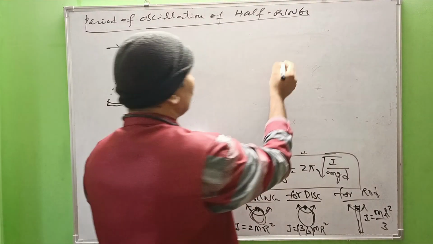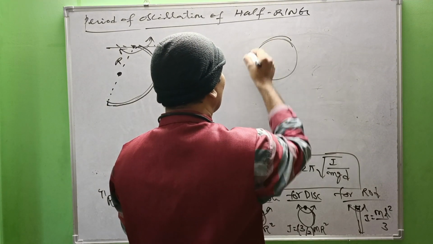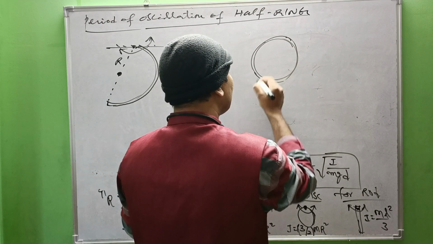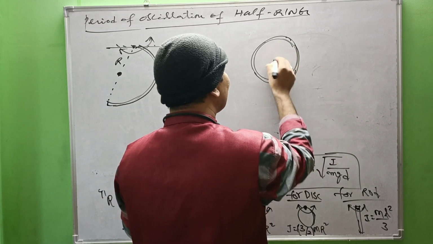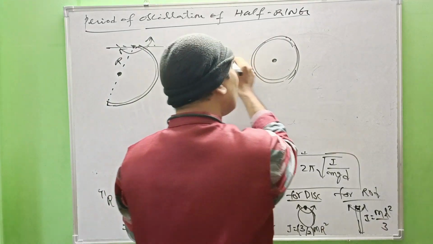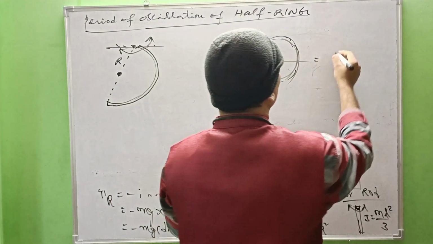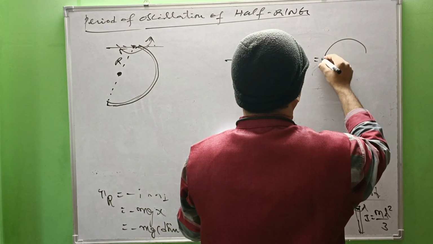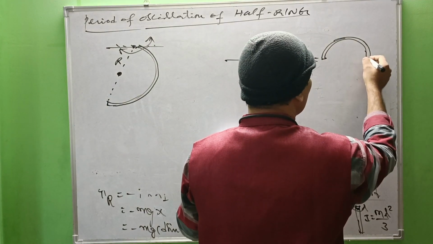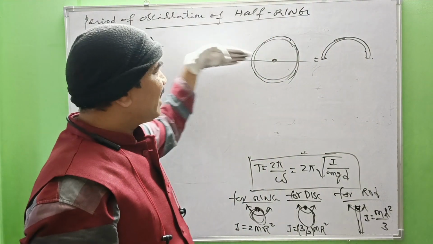See, if you consider one complete ring like this, the center of gravity, otherwise center of mass, lies at its center, right? When it is cut into two equal halves, for the upper portion the mass distribution is not uniform. Of course, it is uniform on the periphery, but it is cut into two equal halves.